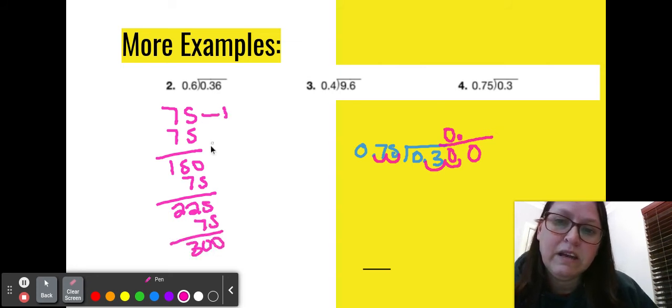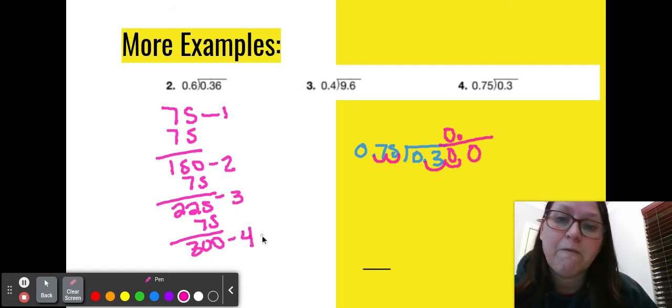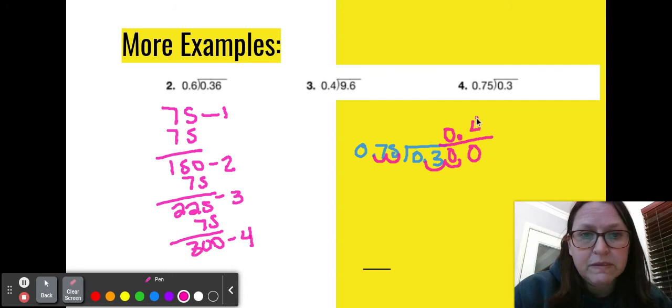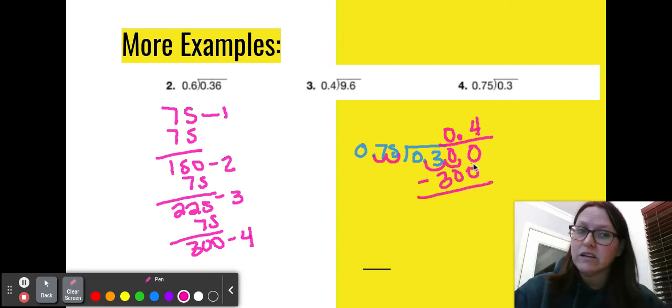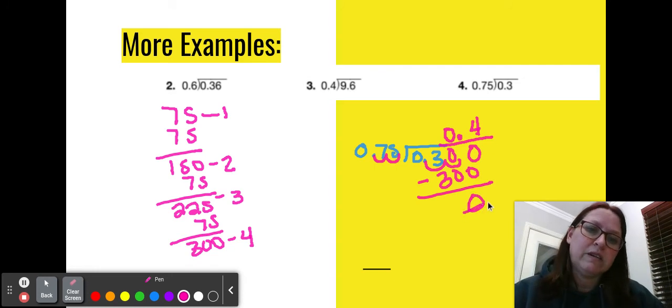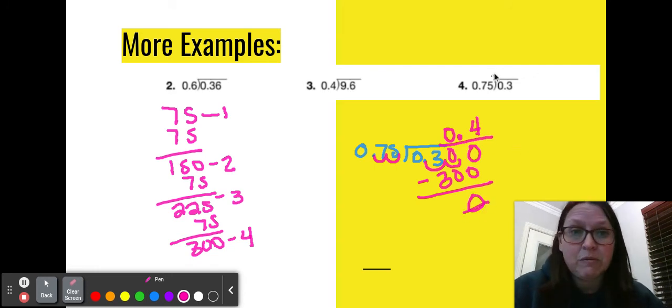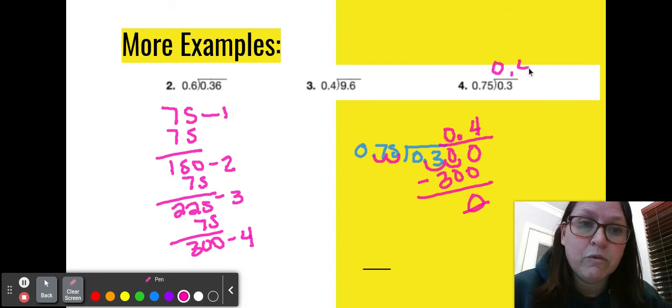So this one, 1, 2, 3, and 4. So 4 times 75 is 300. So I'm going to put 300 down here, and I'm going to subtract. 300 minus 300 is 0. So I don't have any remainder. So my answer here would be 0.4.